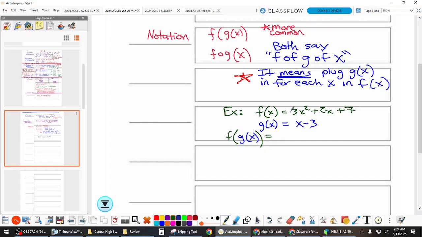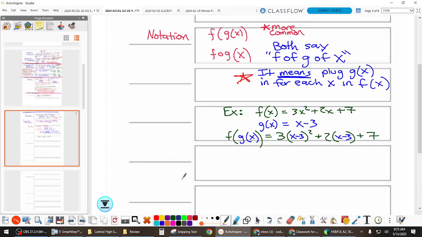I want you to write whichever one is the outside function, so in this case f. I want you to write it with parentheses around all the x's, like that. And then go back and plug in whatever you're plugging in, in this case g of x, into those parentheses. Okay?